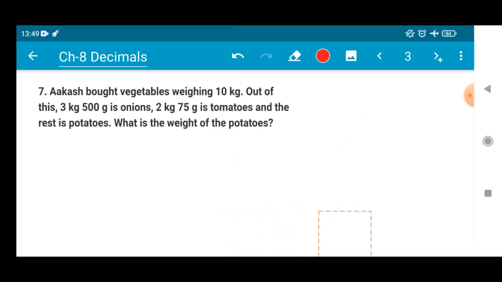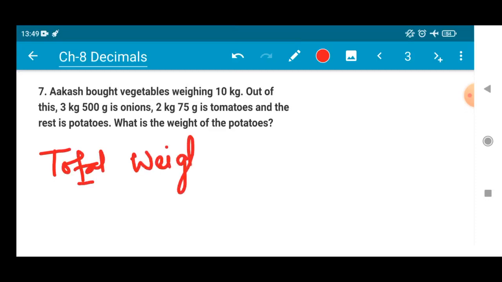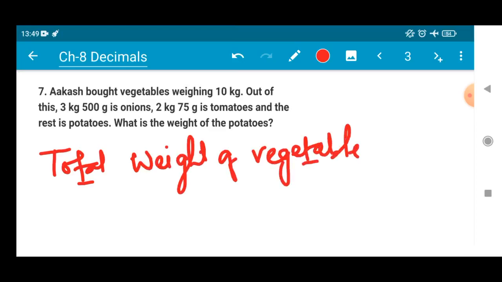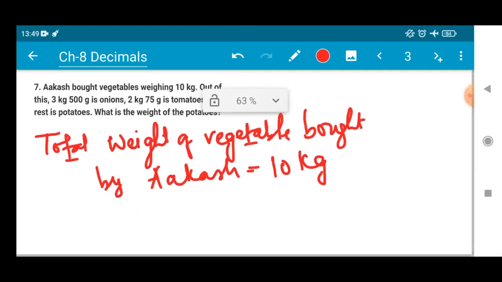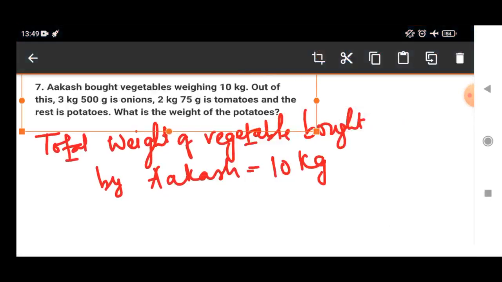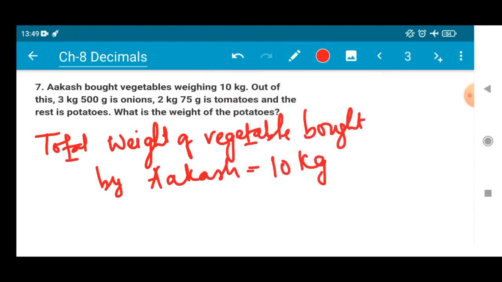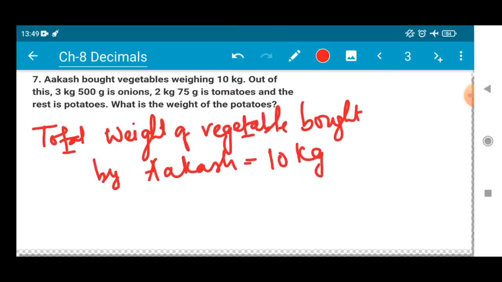Very simple, right? So let us write: total weight of vegetable bought by Akash is equal to 10 kg. Now from this 10 kg, 3 kg 500 gram is onion.